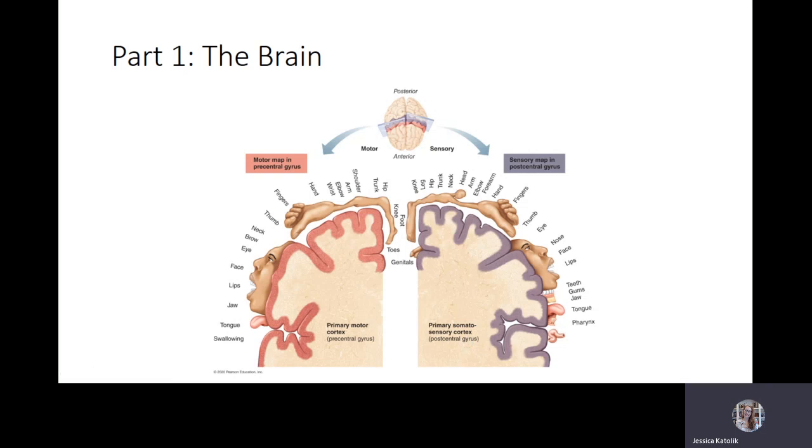So what are we looking at here? We're looking at the regions of the brain that are associated with certain senses and certain motion.